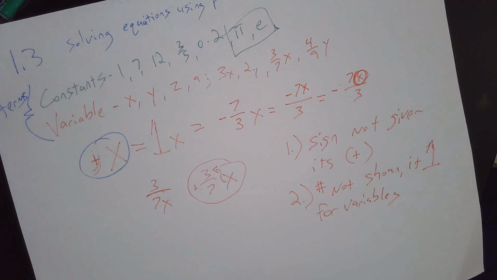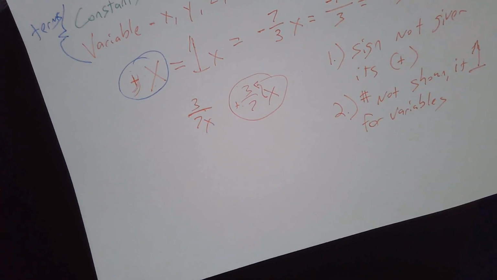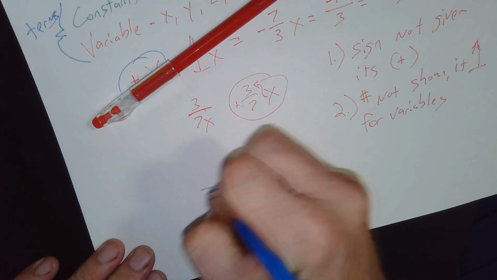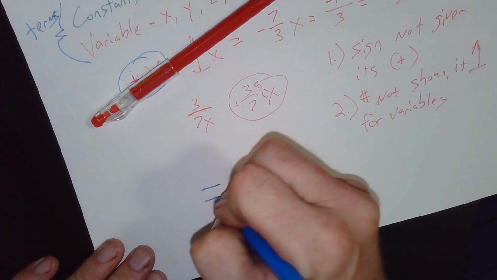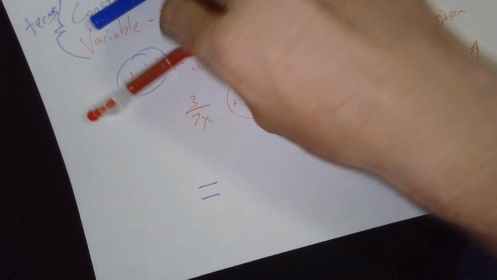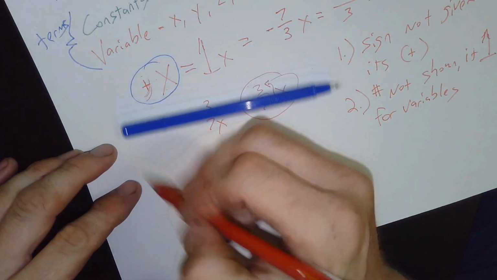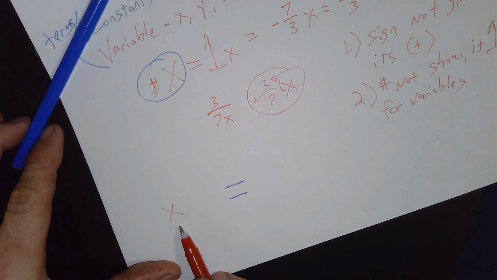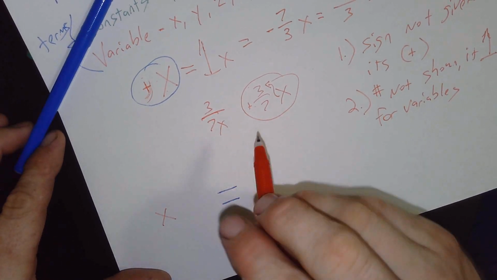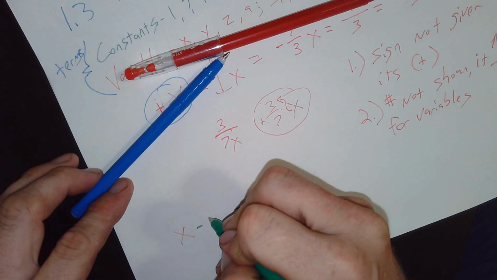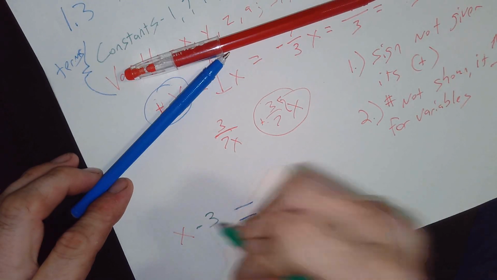Here is a very simple example of an equation that we are trying to solve. On one side we'll say 2x, that's our variable term, and I'll use green for my constants, minus 3.